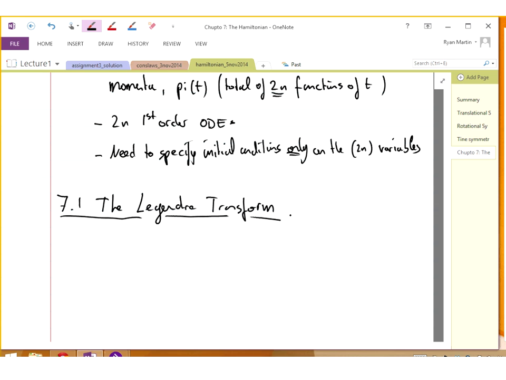So let's start with a simple example. Okay, so forget mechanics for now. This is a purely mathematical aside.